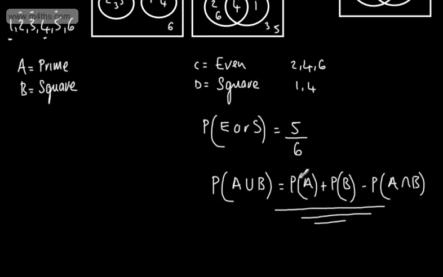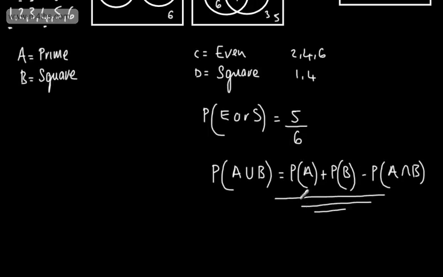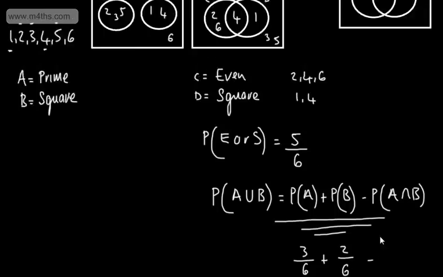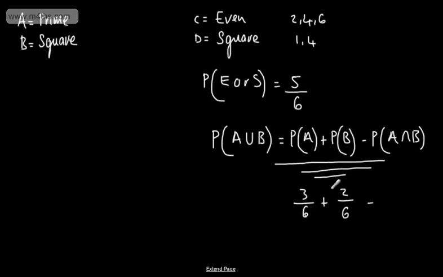And we can see what that's going to do. So if we add all of these up, we're going to have now the probability in this particular case of C and D. We're going to have now 3 over 6 plus 2 over 6. And then we're going to subtract away the one in the middle, which is both of them, and that's going to be 1 out of 6, and we can see that this is going to give us 4 out of 6, or we could break this down to say 2/3.